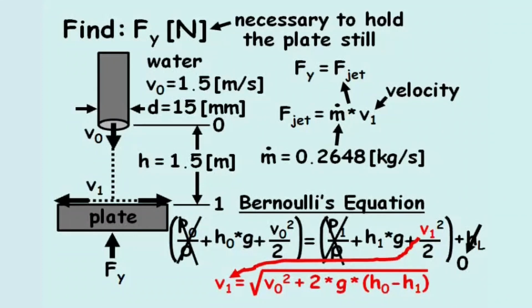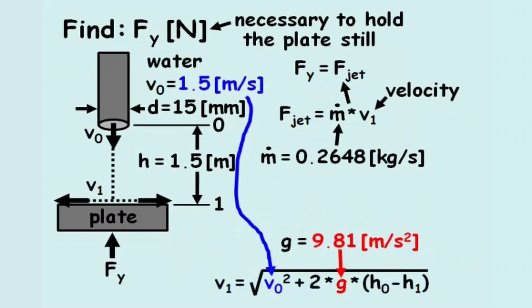The problem statement provides v0 as 1.5 meters per second. g is 9.81 meters per second squared. And the difference between h0 and h1 is h, which measures 1.5 meters.